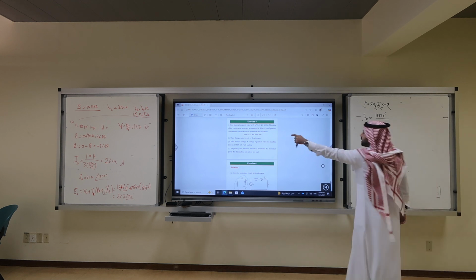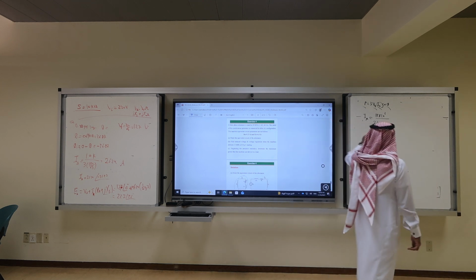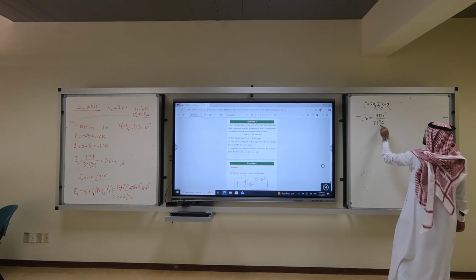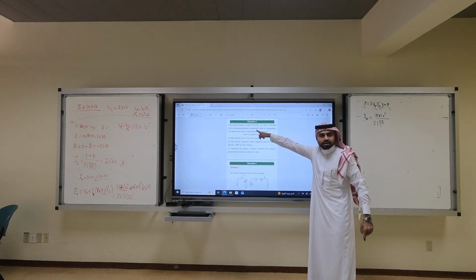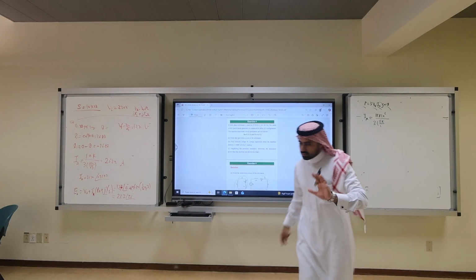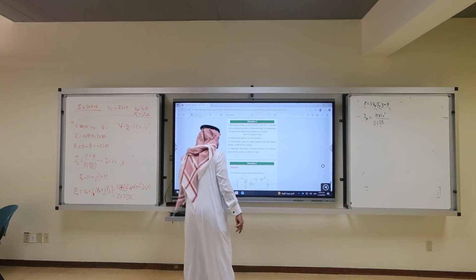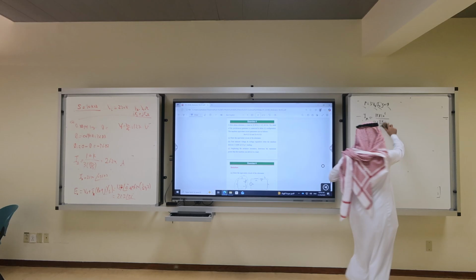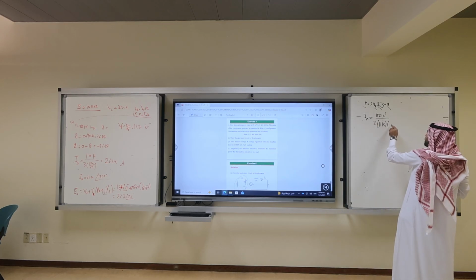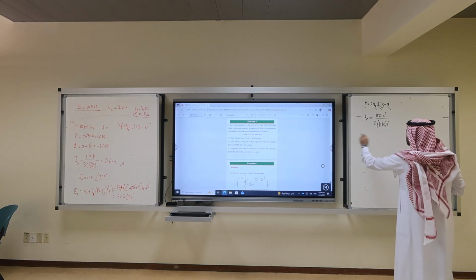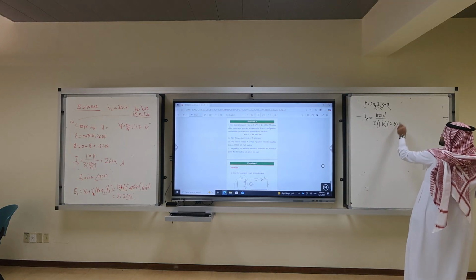What is the V terminal? 11 kilo over square root of 3. No, that's delta connected. Right? Yes. So 11. V line equals V phase. 11 kilo. What is the power factor? 0.9. What is the magnitude?